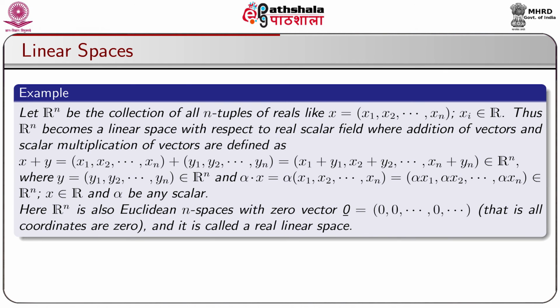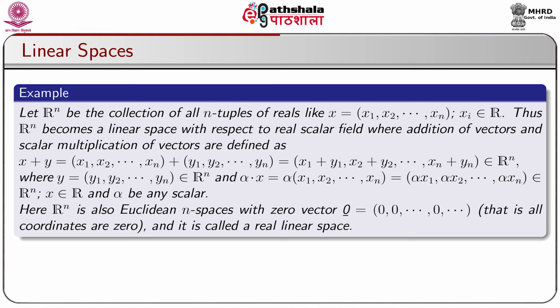Examples: we know from undergraduate courses that the real number space R or the space of all complex numbers is a vector space with respect to the usual addition and scalar multiplication of a vector. We shall start with another example.